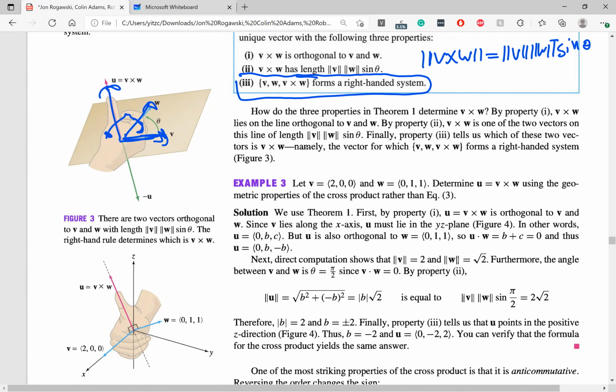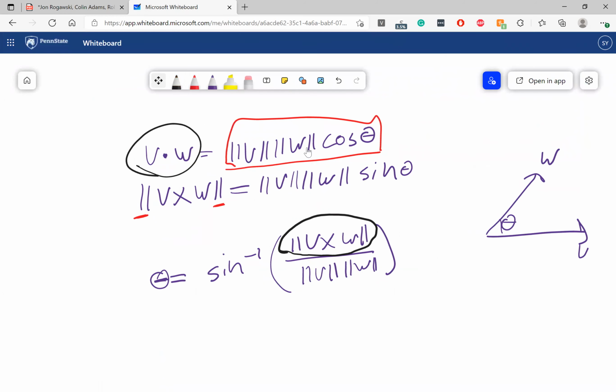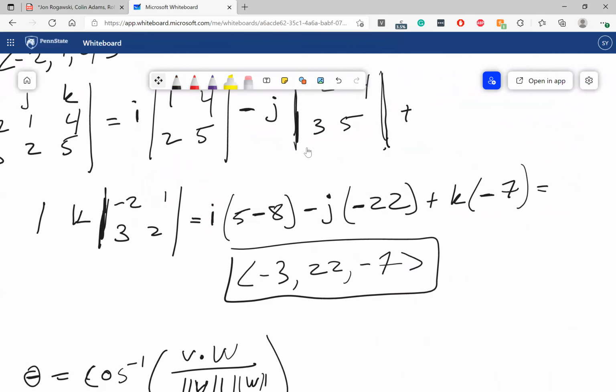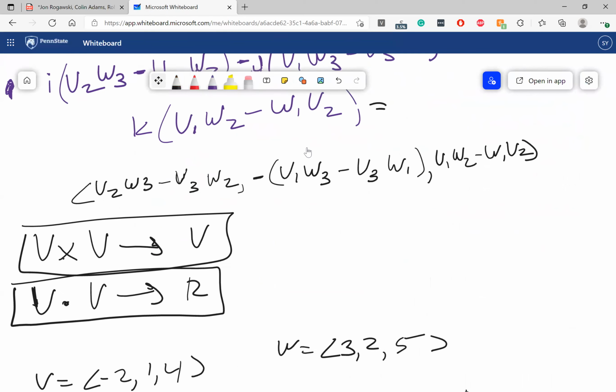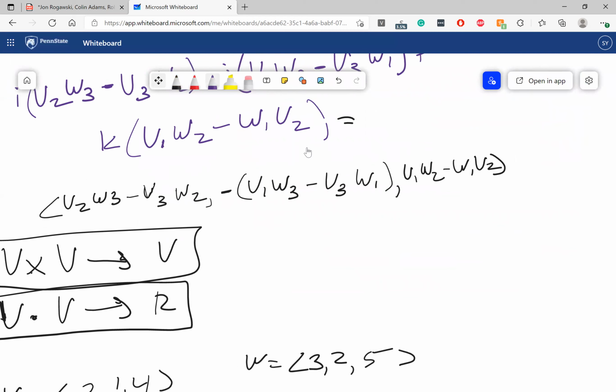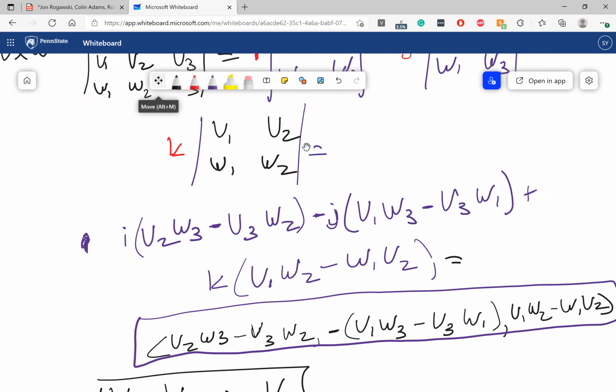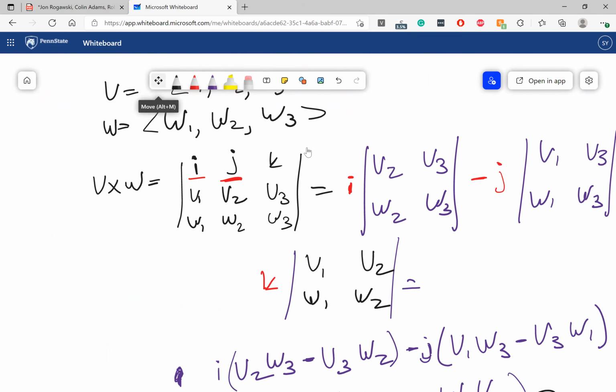So let's go back here to what we saw V cross W be. And that was right over here. This was the vector that we obtained, the general vector that we obtained when we took V cross W over here.